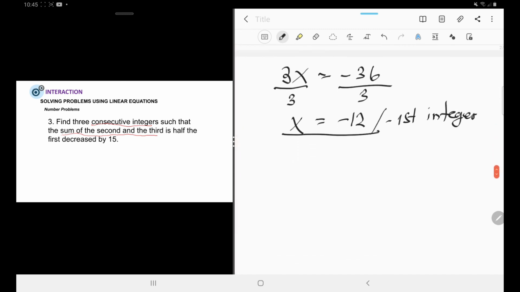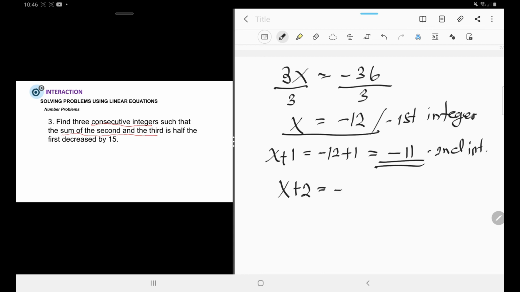How about the second integer? Remember, the second integer is represented by x plus 1. So we will just have to substitute negative 12. So that's negative 12 plus 1 equals negative 11. We have now the second integer. And the third integer is x plus 2.